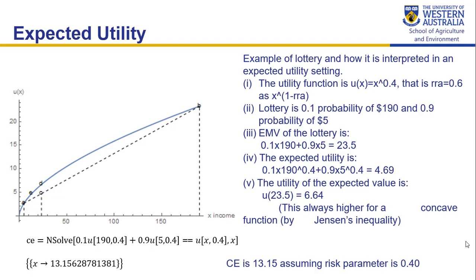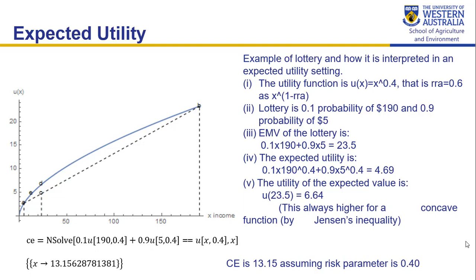Now let's assume that there is a lottery which has a 10% chance of having a value of $190 and a 90% chance of having a value of $5. The expected monetary value of the lottery in this case is 0.1 times 190 plus 0.9 times 5, which is equal to $23.5.